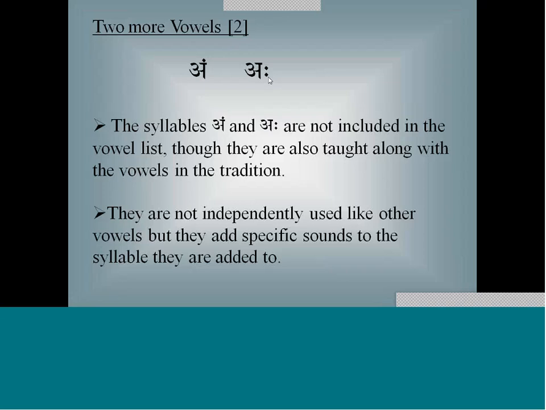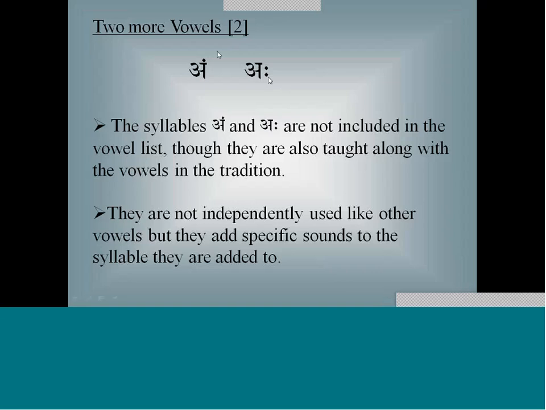So these are only the two sample sounds. You can replace a by e, or u, or r, you can replace it by any vowel. So it will take that particular sound.